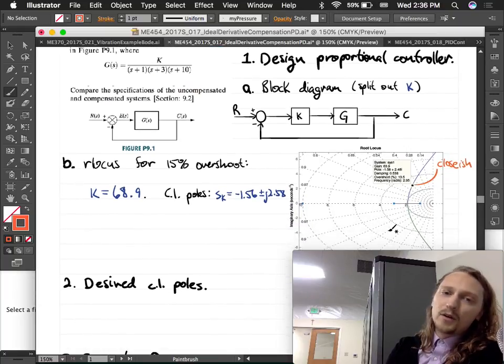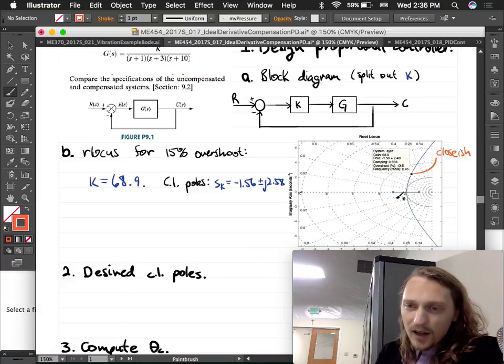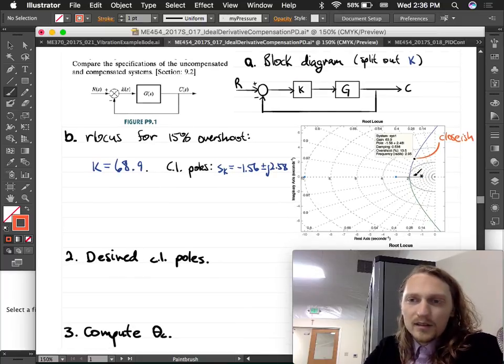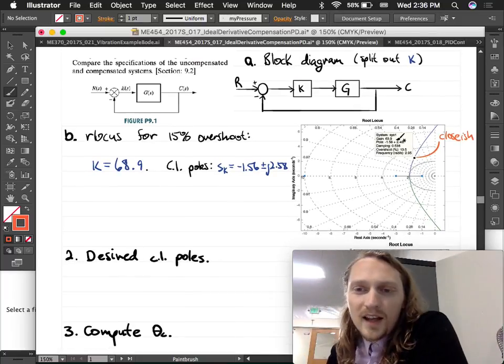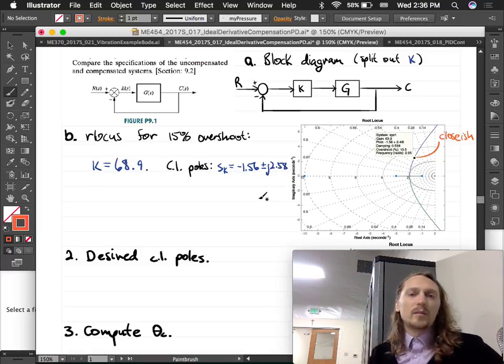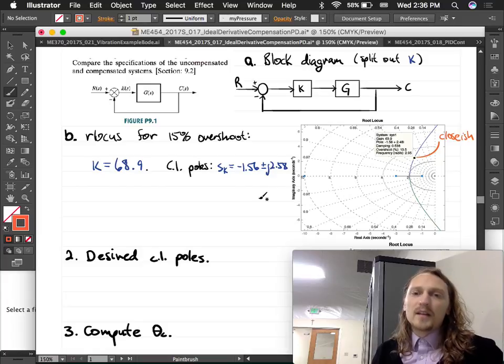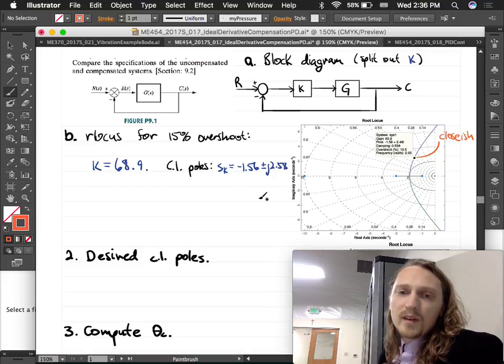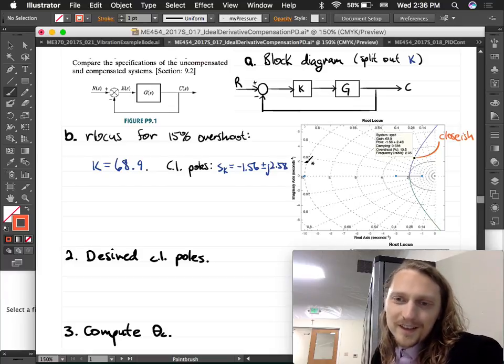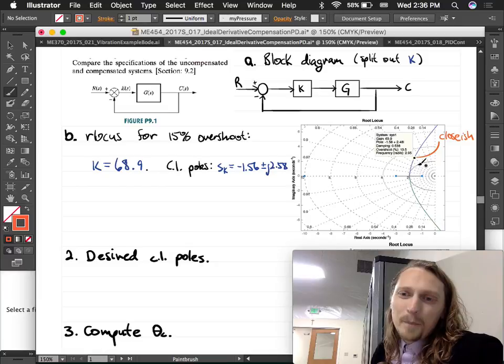We design our controller for 15% overshoot. I don't know if you can see that very well, but it says the gain is 68.9, and the pole is located at negative 1.56 plus or minus j 2.58. Looks like this one was at 4.8. I'm not sure if I transcribed that incorrectly or chose a slightly different point, but in any case, it's close to 15% overshoot.